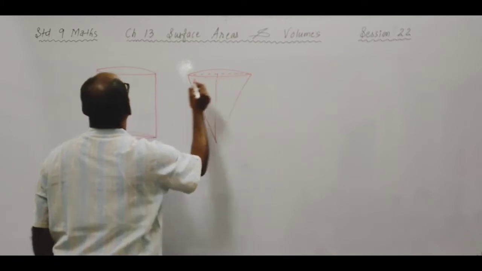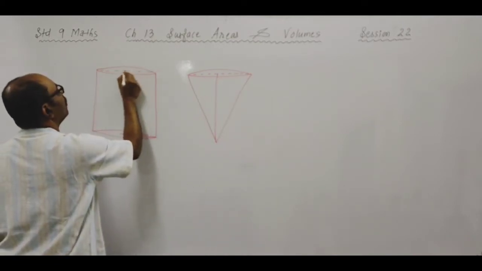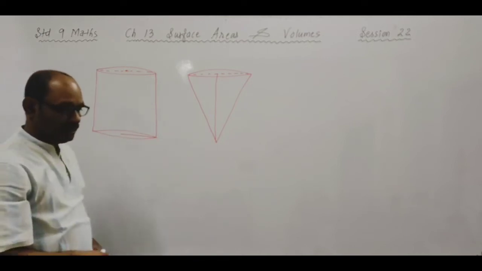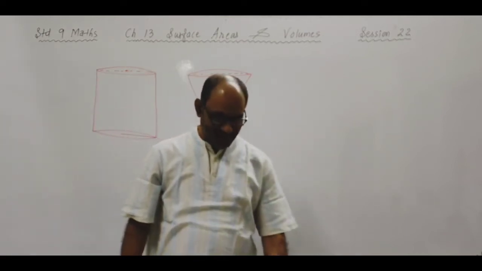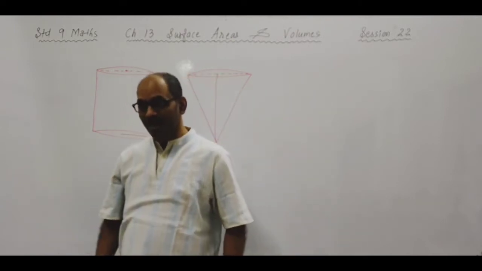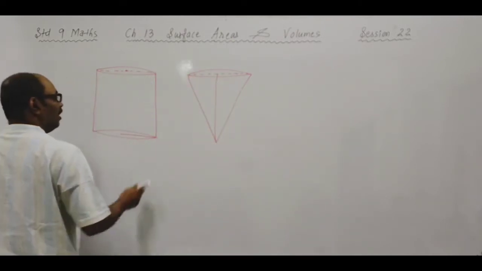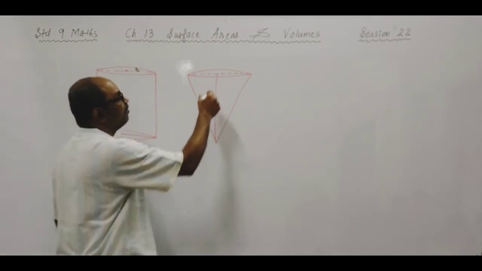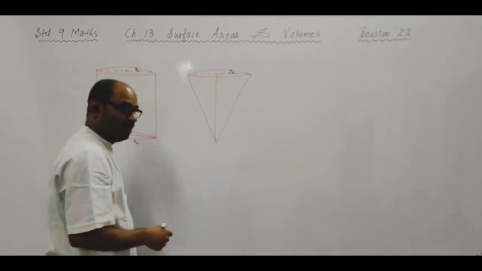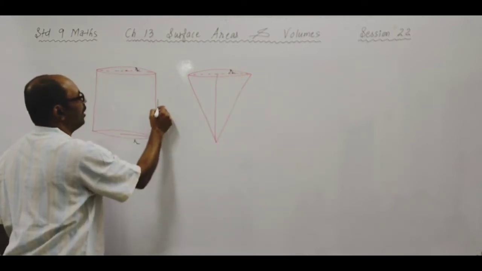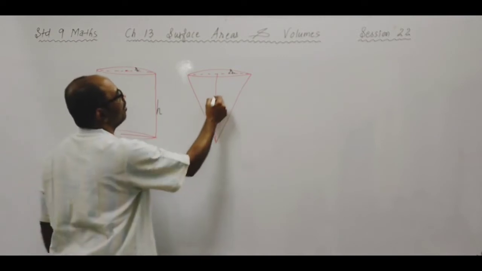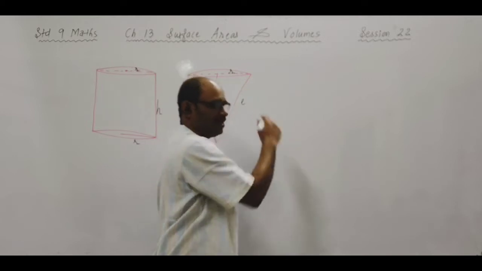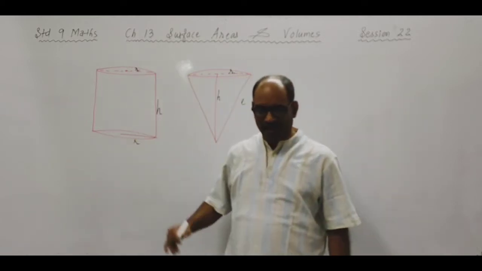This is a cone. Whatever is the radius of cylinder, same is the radius of this cone. And whatever is the height of cylinder, same is the height of cone. Slant height is different, it is L. Cylinder doesn't have slant height as well.